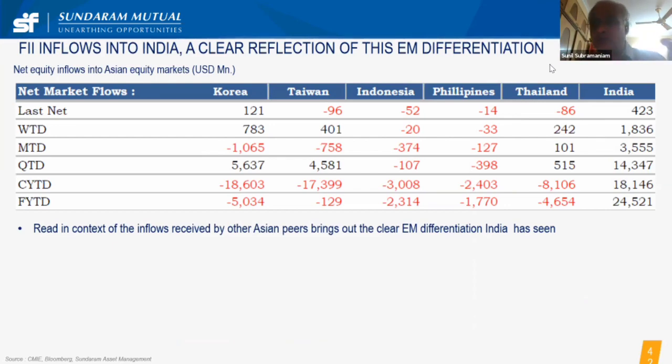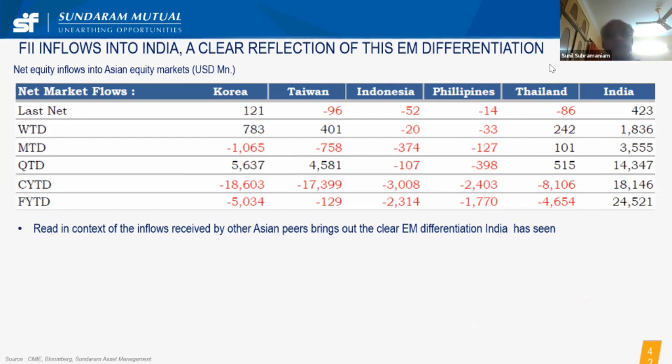FYTD means financial year to date, from April to now. CYTD means calendar year to date, January to now. Can you see? India is the only country, for the calendar year and for the financial year, to get positive FII inflows. Every other emerging country listed here has only seen outflows.